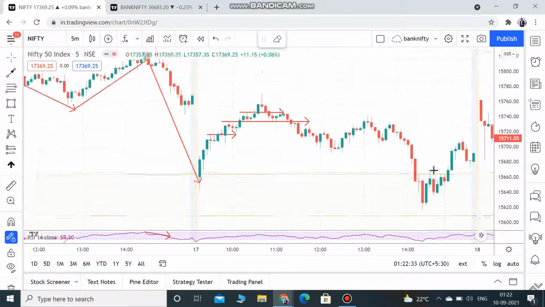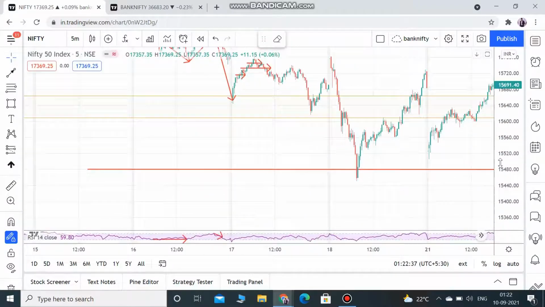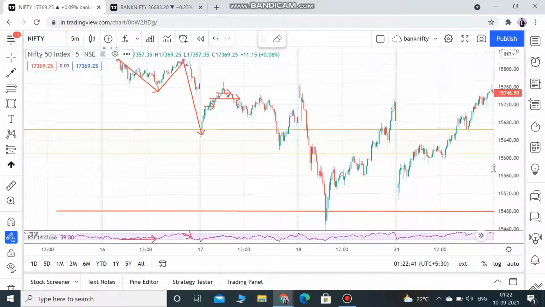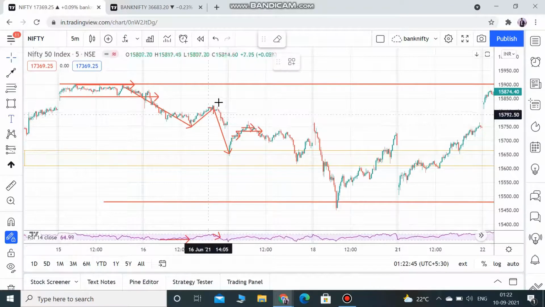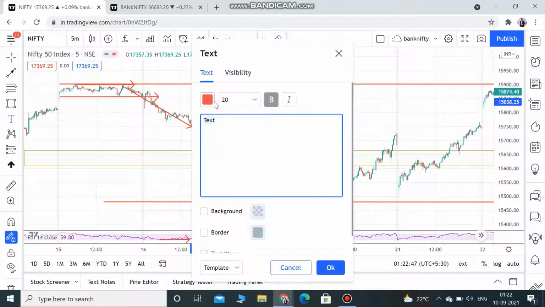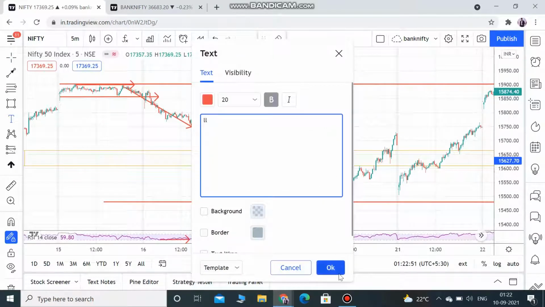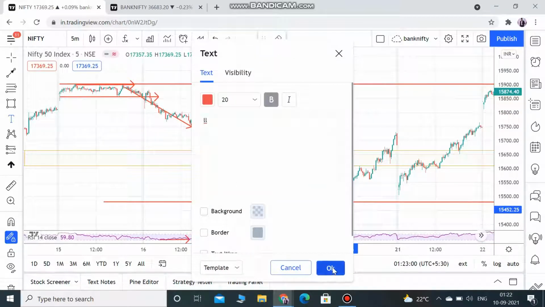Okay, then till where do you want to keep doing this? The same higher high and higher low concept. If you go to a higher time frame, this is my lower high, lower low, lower high, till here lower low, right?